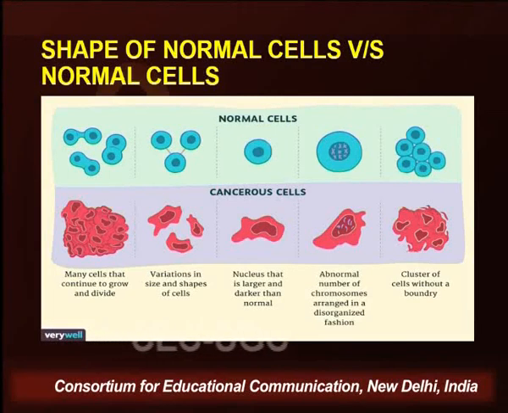The first thing is the difference in the boundary line or in the shape. You can see the pictures in blue are the normal cells, and the pictures in orange-brownish color below that are the cancerous cells.